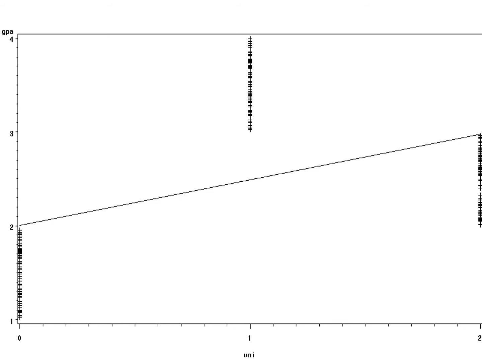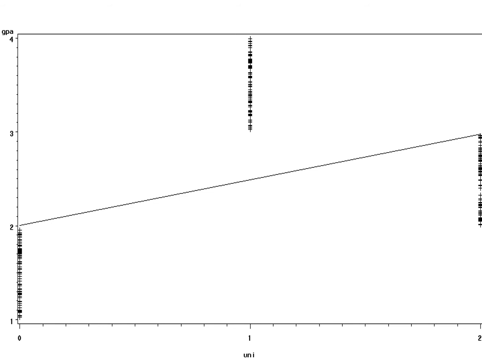But that's where I said we have to be careful. Just because we code these things as numbers doesn't mean they are numbers, right? A 1-unit increase in university doesn't really make sense. Universities are not numbers. It doesn't make sense to increment them by 1. Agreed?